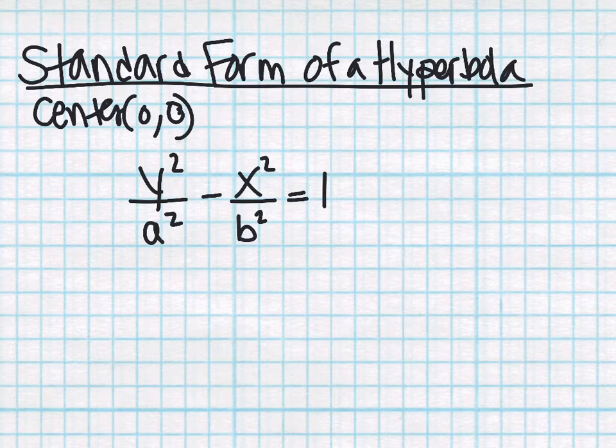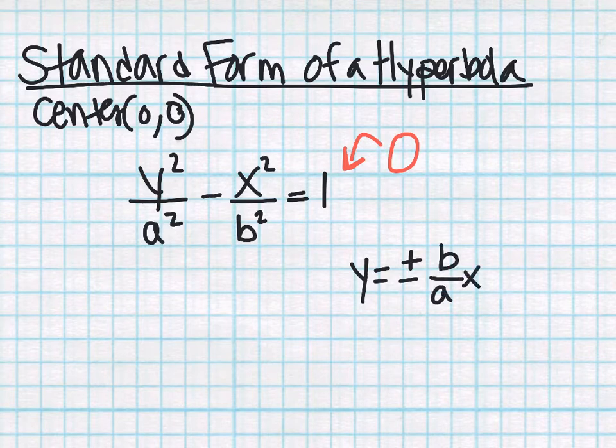We can also find out what our asymptotes are by replacing this 1 right here with a 0 and then solving and sorting it out. I'm not going to do all that work for you. You can do that on your own if you want. But once we put that 0 in there, and if I solve for y, I'll get the formula for my asymptotes: y equals plus and minus b over a x.